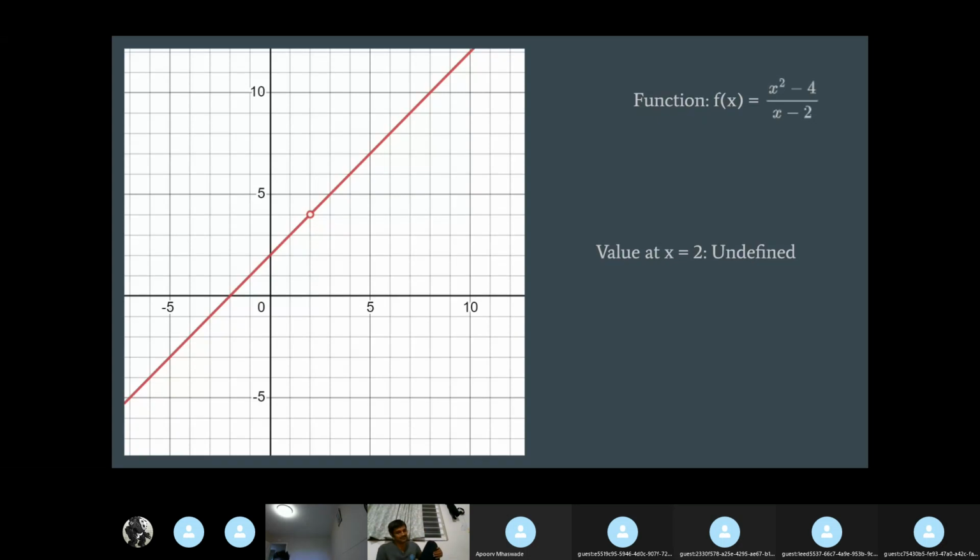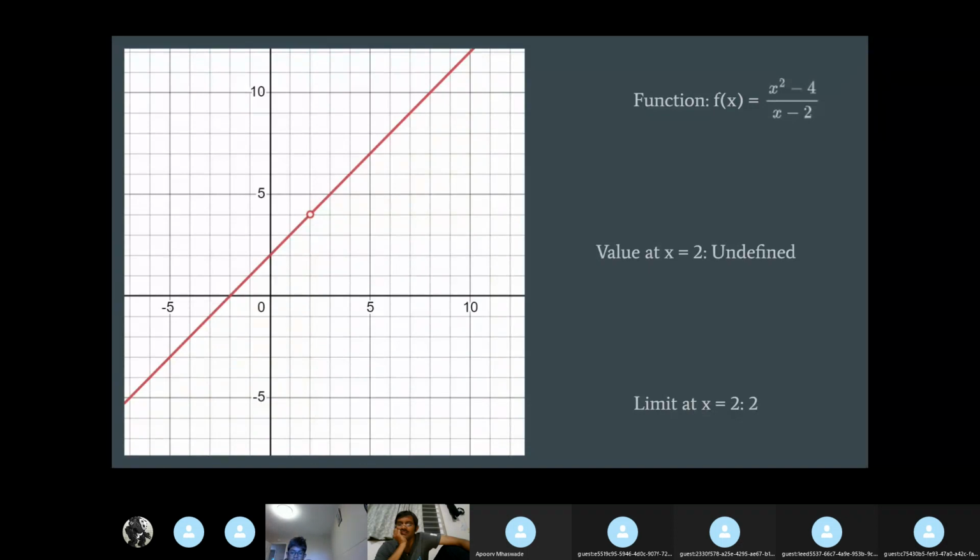So I think nobody else thinks otherwise. Okay, so yeah, the limit at x equal to 2 is 4. Oh my god, sorry, I meant 4, that was a typo on my part. The limit at x equal to 2 is 4, because even though at x equal to 2 it's undefined, it does approach 4 from either side.